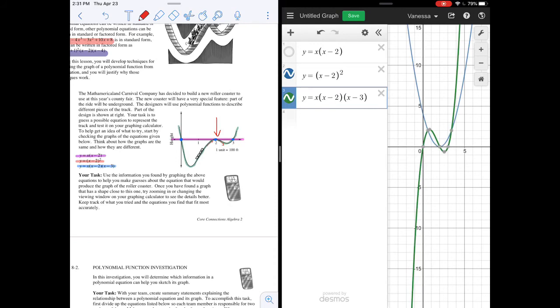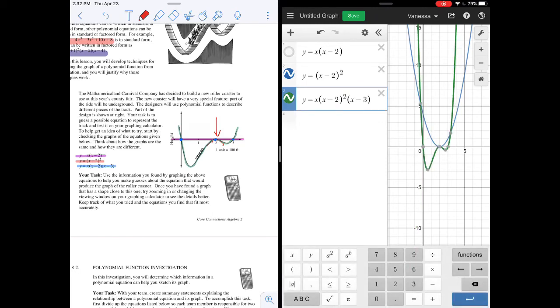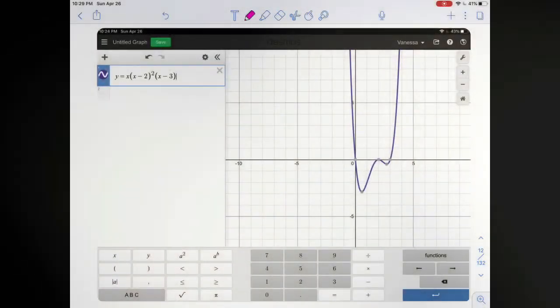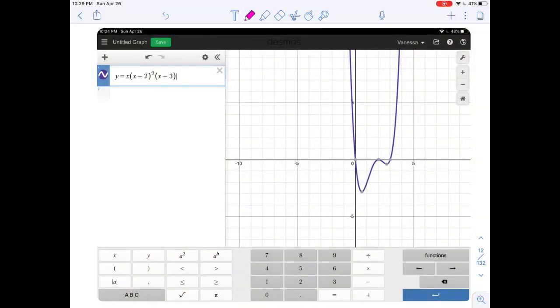If we look at the previous equation, we know that if we square the factor, it gives us the bounce that we need. So let's try. That looks pretty close. So we do have x equals 0, x equals 2, and x equals 3. So this is the final equation that we wrote.